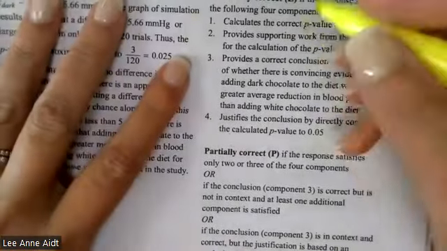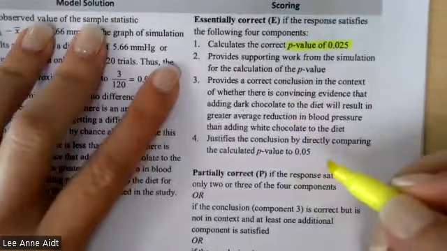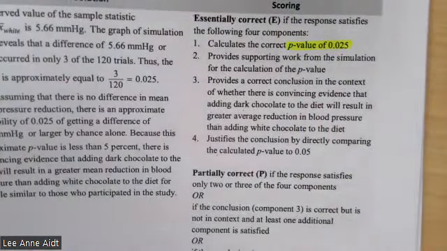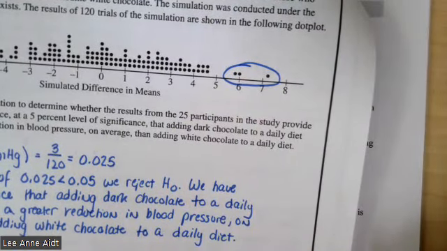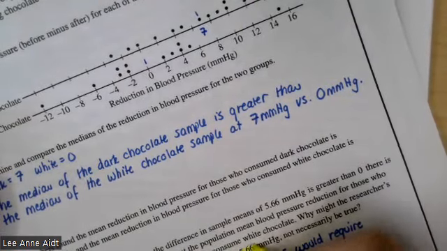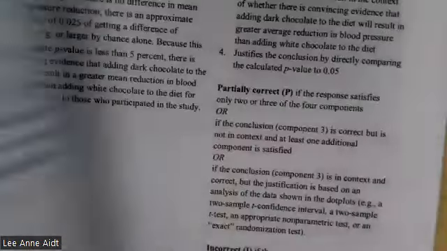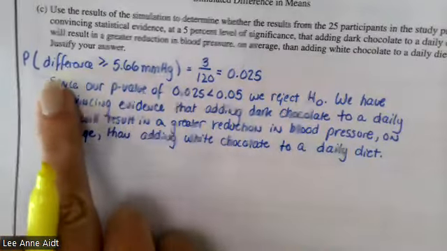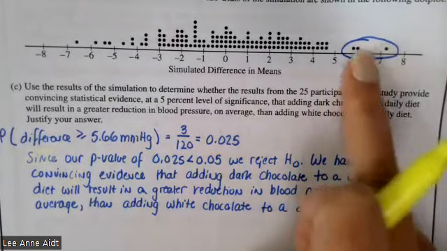There are 4 components. You need to calculate the p-value, which is 0.025. I did that by doing a circle. What you do is you take the answer from the previous problem, the difference of 5.66, down here. The p-value would be wherever the difference would be greater than 5.66, which is those 3 dots.